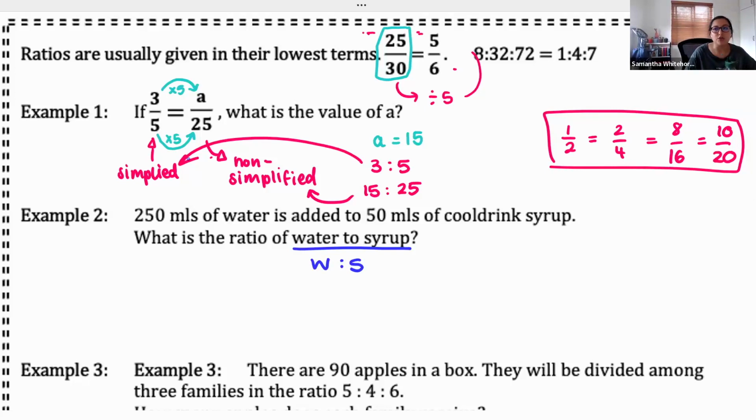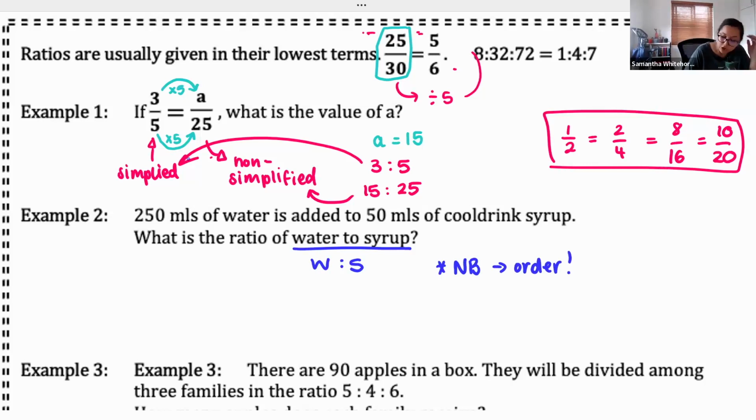If I said to you, go and mix your Oros in a 5:2 ratio, if you had no idea what was what, that's very unhelpful. So we need to make sure it's in the correct order according to the question so that we know what we're talking about. NB means important, the order.